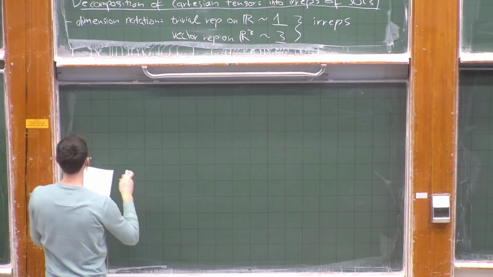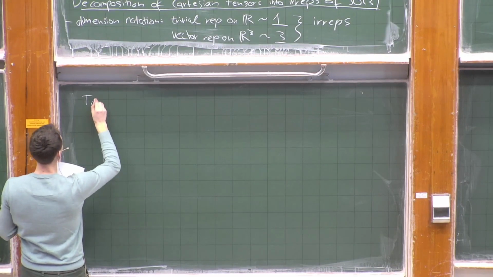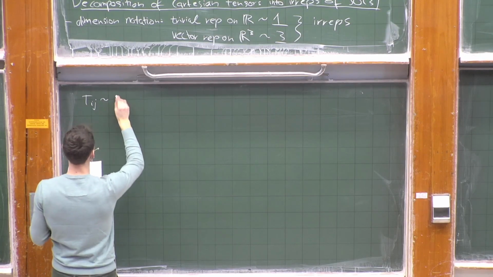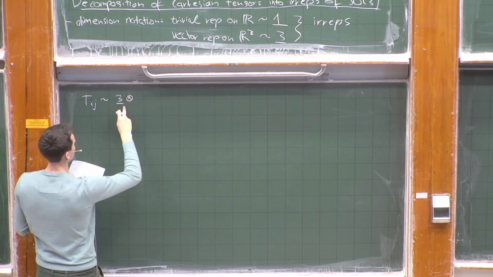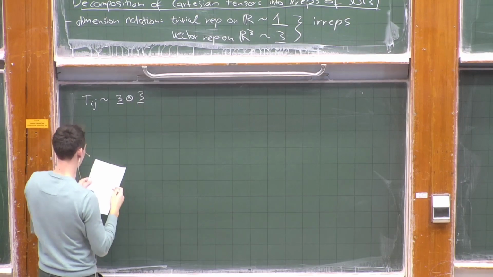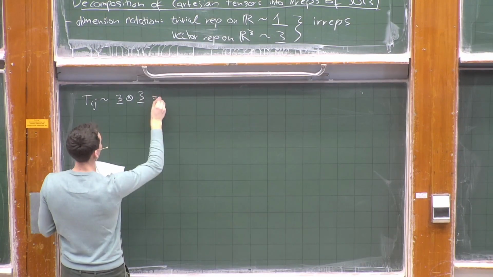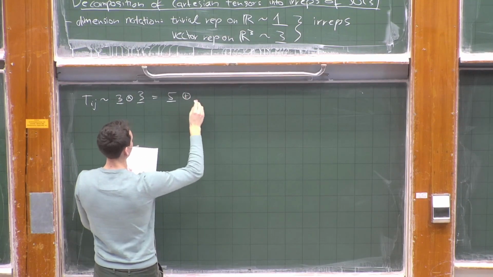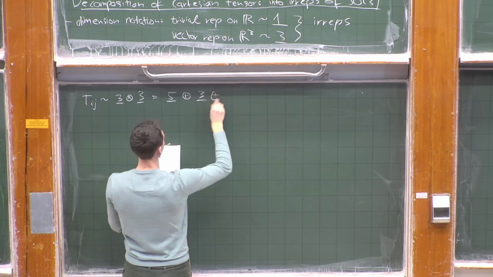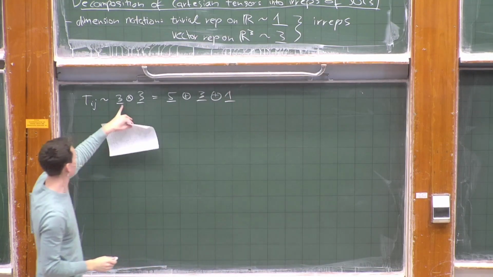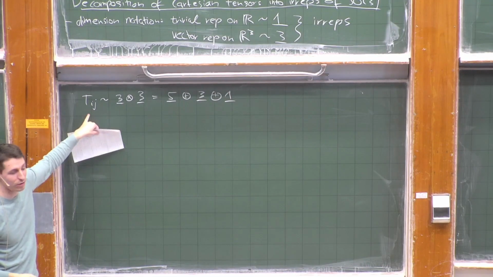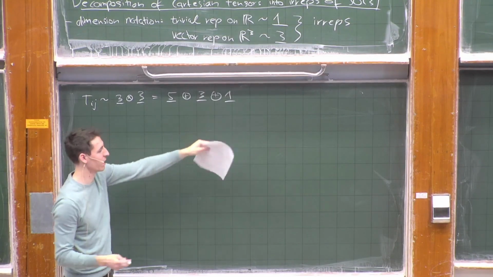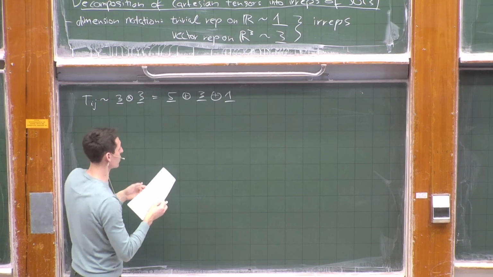So we have this decomposition, Tij, this in terms of dimensions, it corresponds to 3 tensor product with 3, so outer product of 2 vectors, and then it decomposes into irreps with dimension 5, 3, and 1. So just to check, this representation is 9-dimensional, 3 by 3, and then this representation is 5 plus 3 plus 1, also 9-dimensional. So already the dimensions check out.